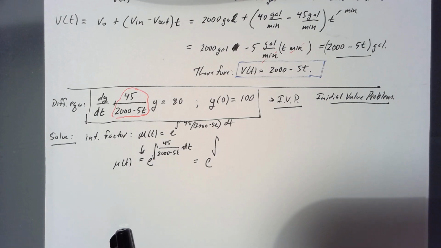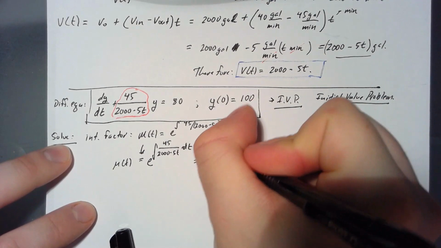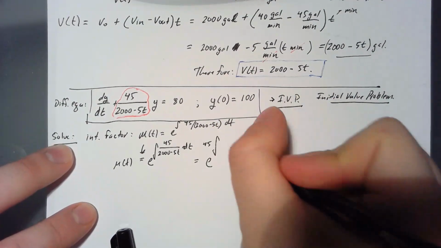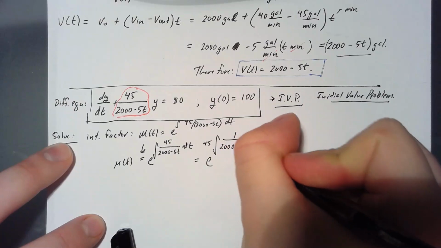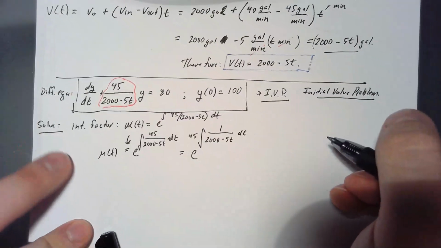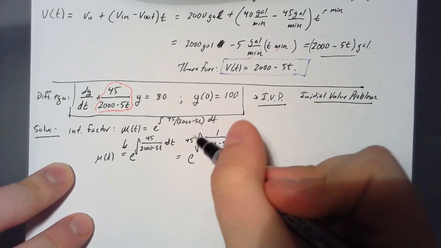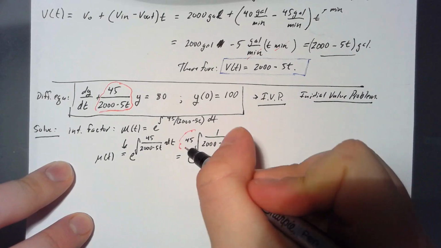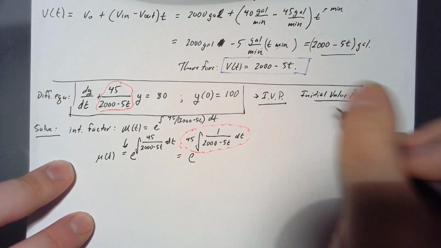So we have to integrate it by doing what? U substitution. So I could bring the 45 out, and then I'll have 1 over 2,000 minus 5t dt. When I integrate this, you could do that with u sub.